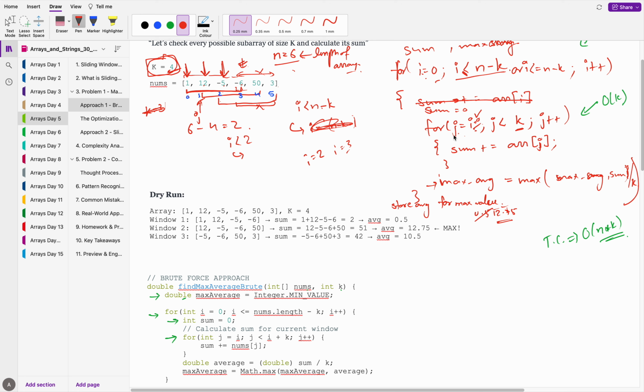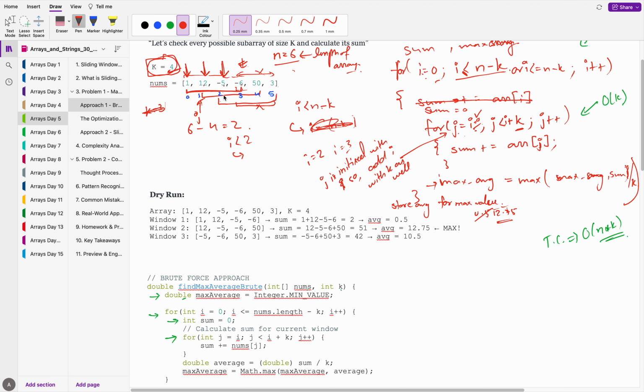So if j is initialized with i, add i with k as well. So that's why this will become i plus k.